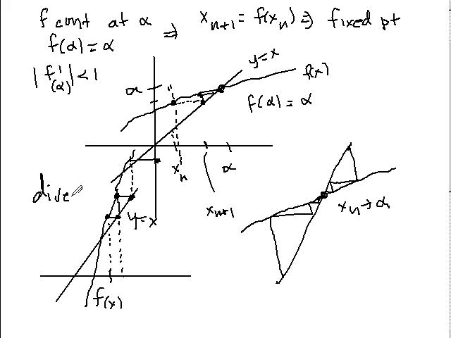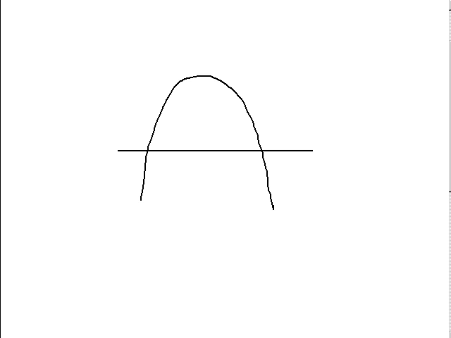Okay, but these are not the only two cases. You could have a case, which is now the really interesting case. I can't really draw this too well, but you could have a case where you would have something like a parabola. You start off with a point, and then let's draw a line here.